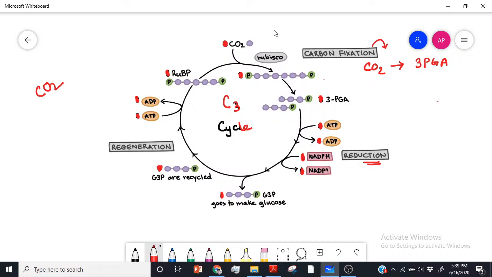Now in reduction what happens? In reduction we utilize one ATP molecule for each 3 PGA. One ATP for one 3 PGA, right? And one NADPH for one 3 PGA, right?